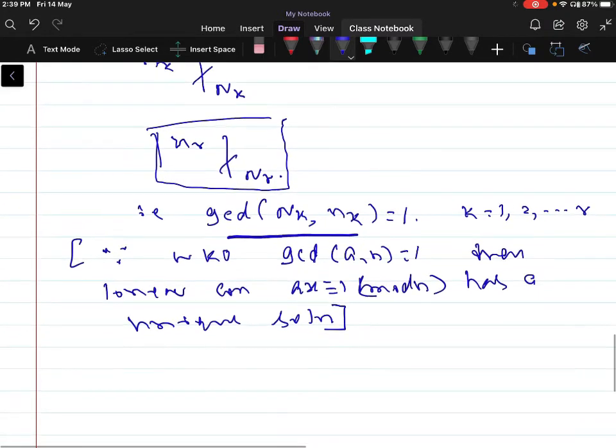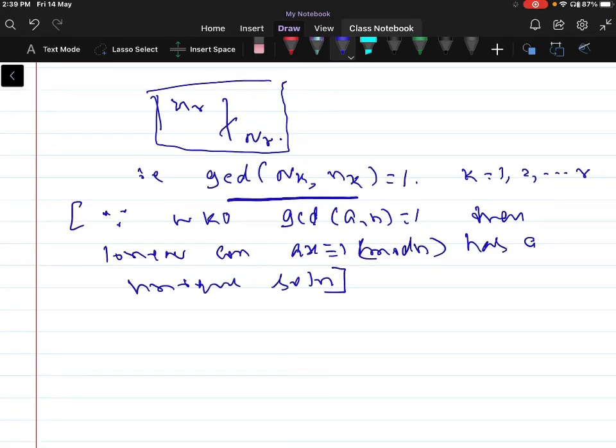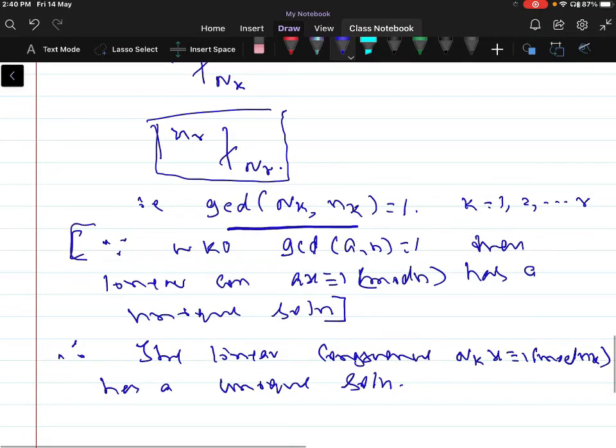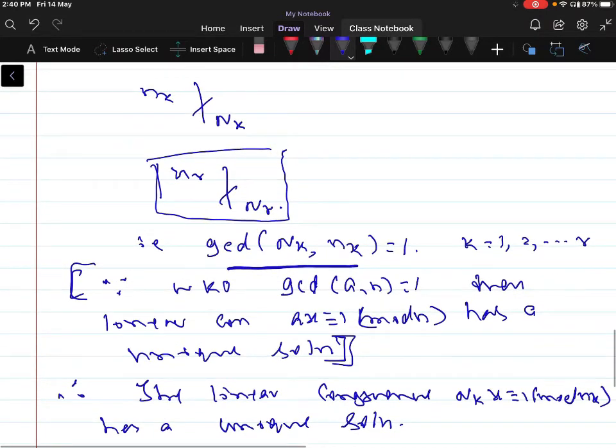So by using this property we can write therefore the linear congruence capital Nk x is congruent to 1 modulo nk has a unique solution, and moreover GCD of capital Nk and small nk is 1.